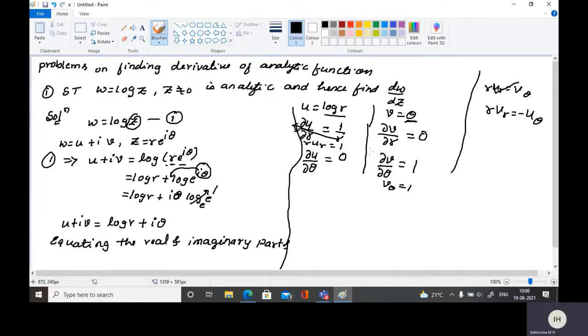Come to the second condition, r v_r is equal to minus u_theta. Multiplying by r, r v_r is 0 and minus u_theta is minus 0, which is 0 itself. So both sides are the same. Therefore the CR equations are satisfied: r u_r is equal to v_theta and r v_r is equal to minus u_theta. Hence w is equal to log z is analytic.